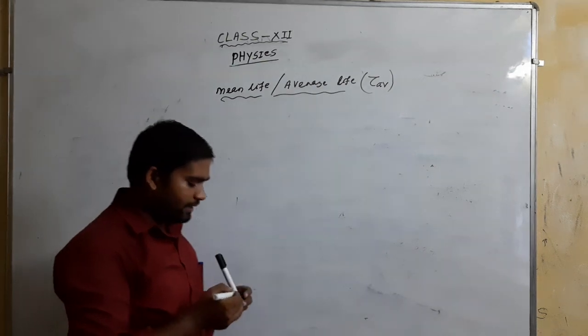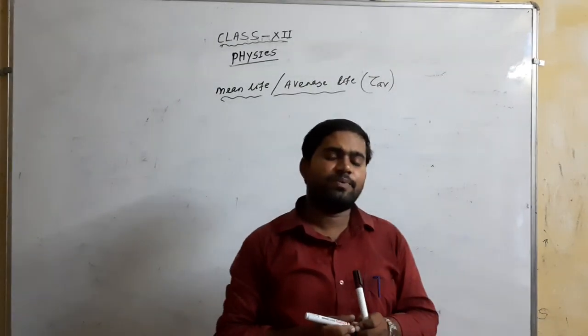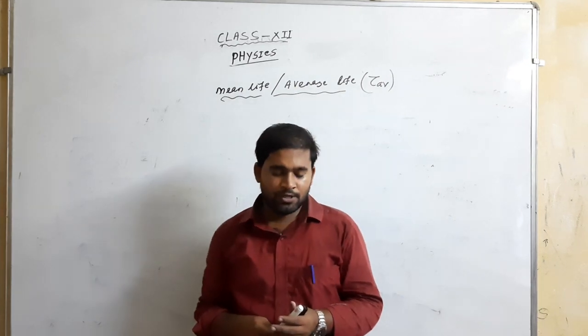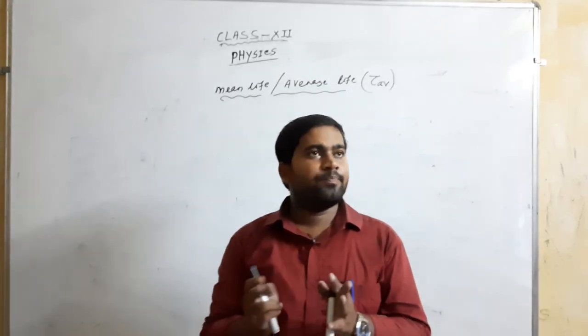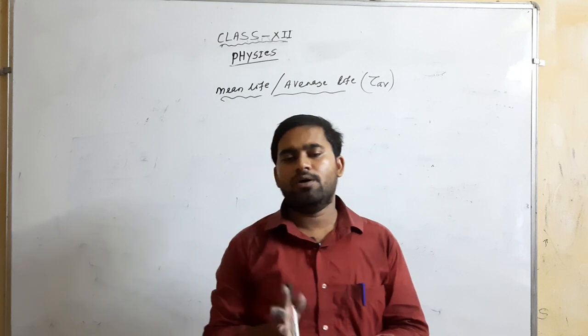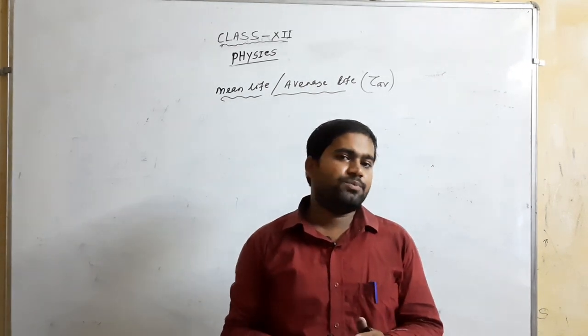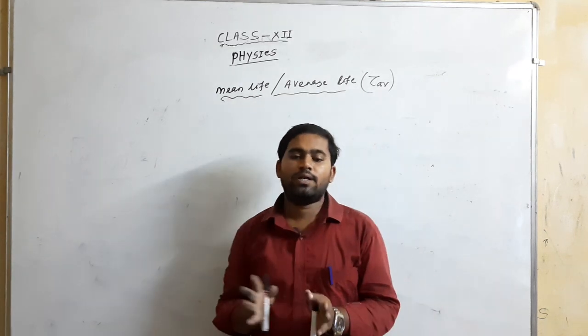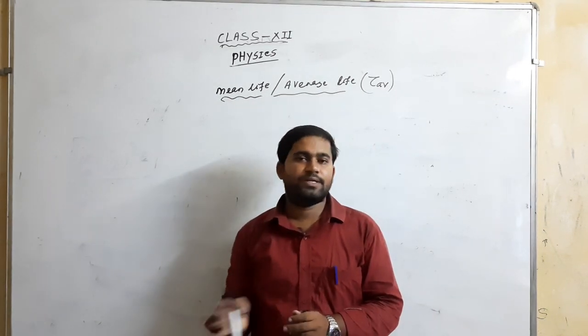Mean life or average life of a radioactive sample may be defined as the ratio of the sum of the lives of all samples to the total number of nuclei present.